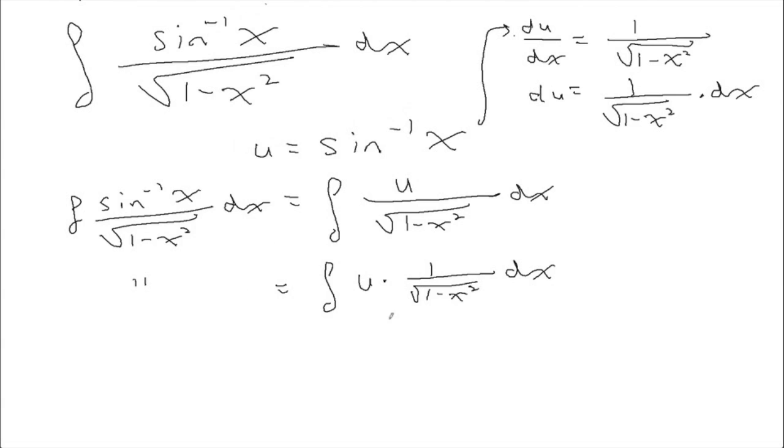Remember that our goal here is to get rid of all the x's. So what we really want to do is solve this equation for 1 over root of 1 minus x squared dx. Maybe that feels weird because we usually solve for one variable, not for an expression.